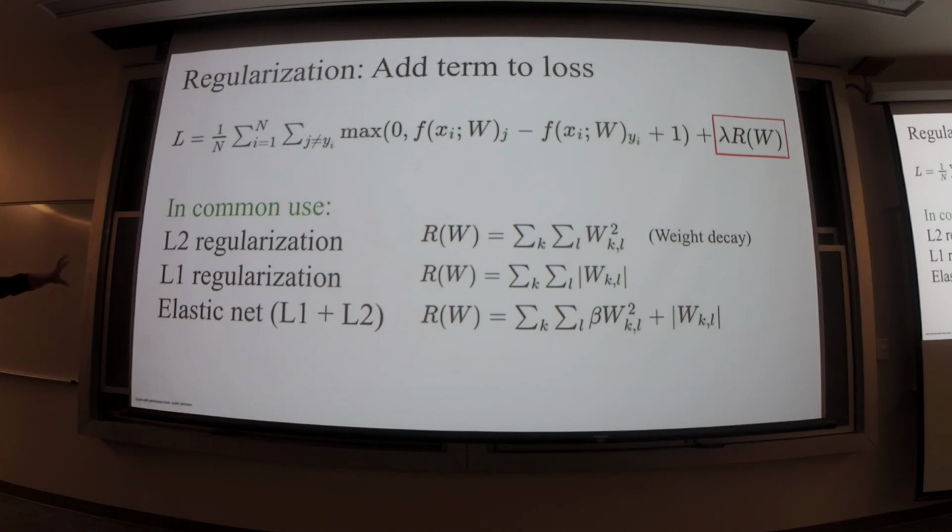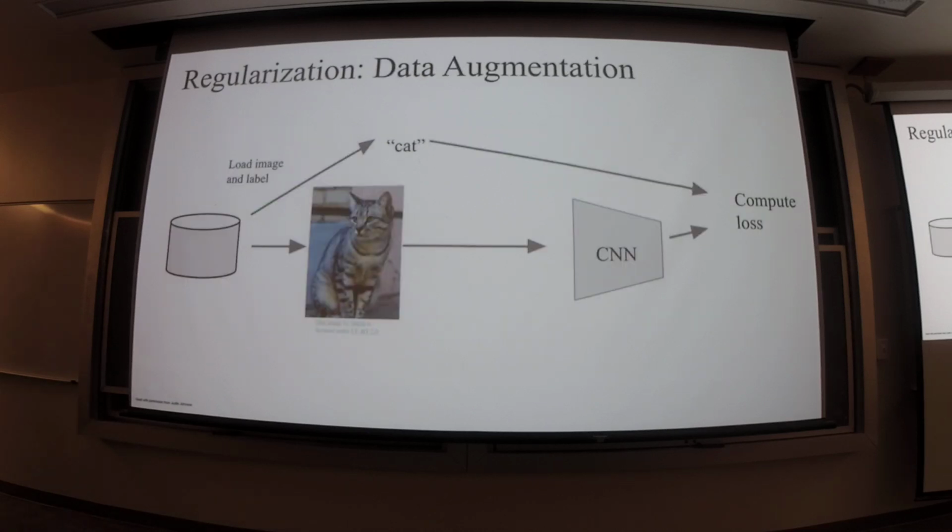Anything that you do that isn't a change to the architecture that gives you the ability to generalize better on the test set is thought of as a regularization. Data augmentation is one of these. This is just standard now. People use this all the time.